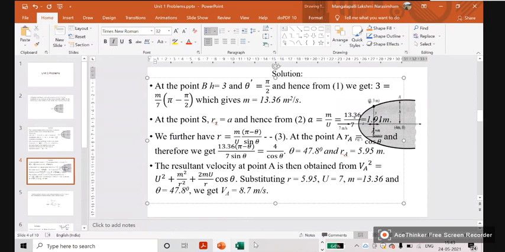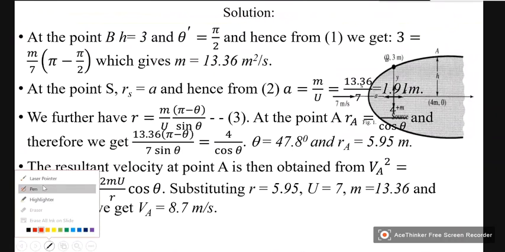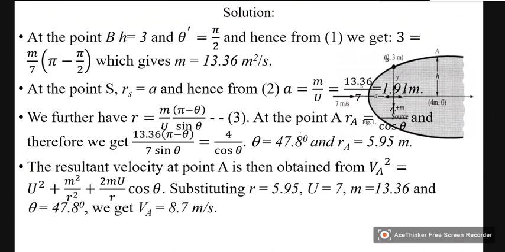So that is how we got theta. The next part is to calculate the resultant velocity.